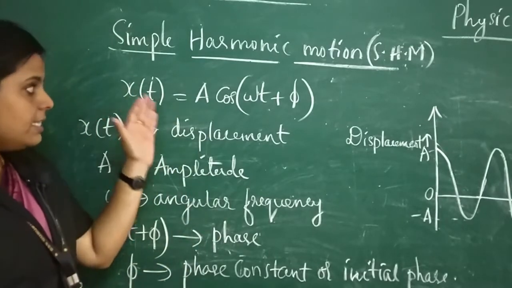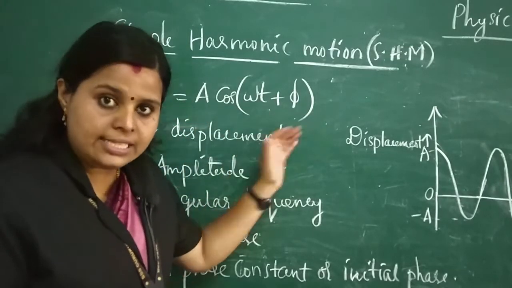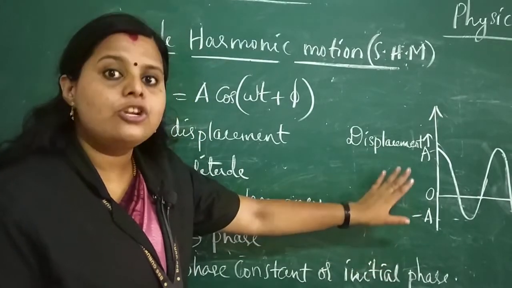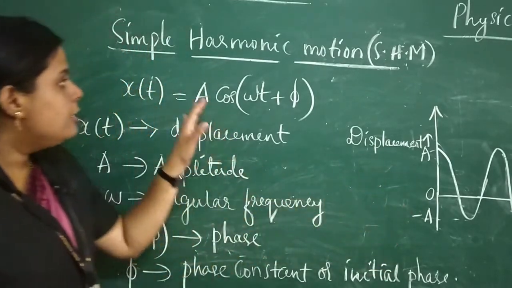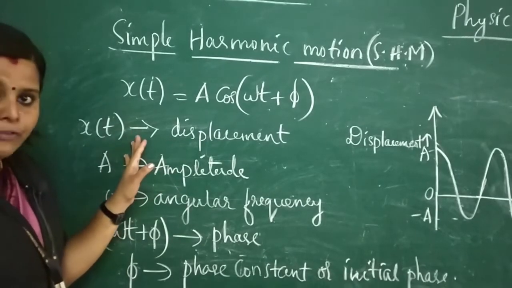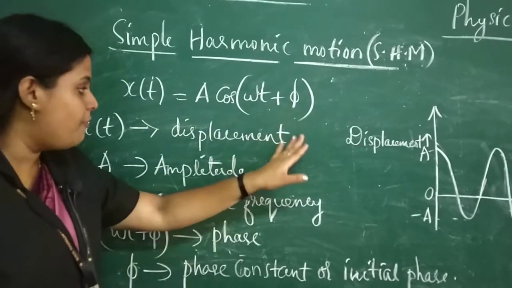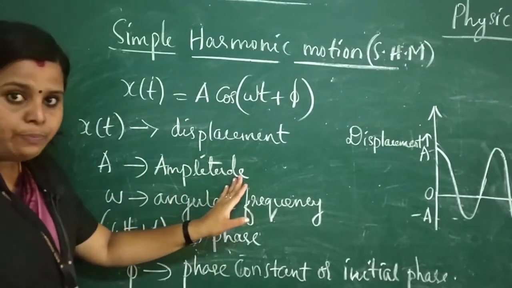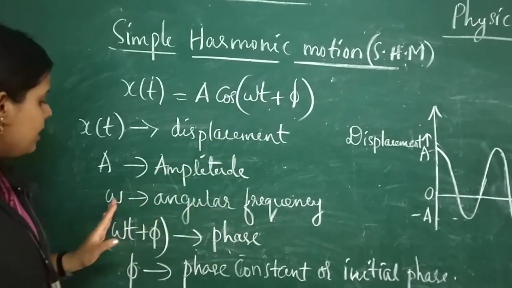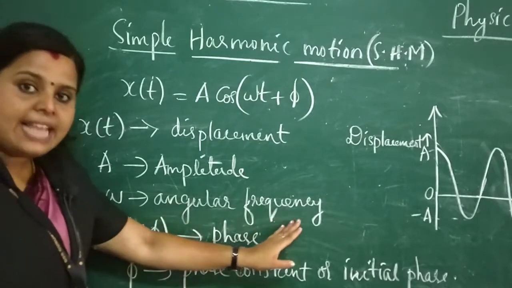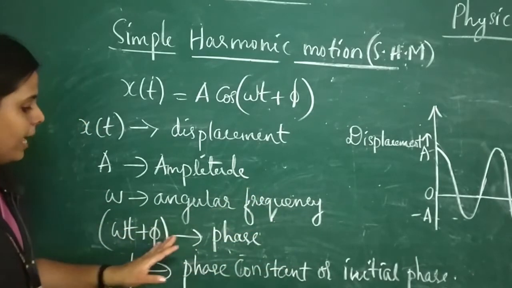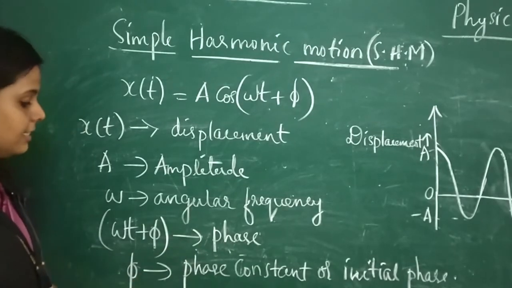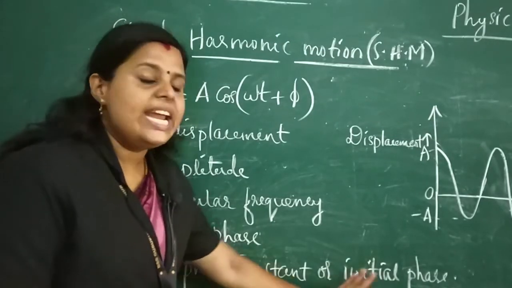Okay, x of t is equal to A cos (omega t plus phi), and here you can see the graphical representation of a simple harmonic motion. So in this expression, this x of t, that is displacement, which is a function of time. Okay, and A is the amplitude of this oscillation, and omega, which is the angular frequency. Omega t plus phi is known as the phase, and phi, that is the phase constant or initial phase.